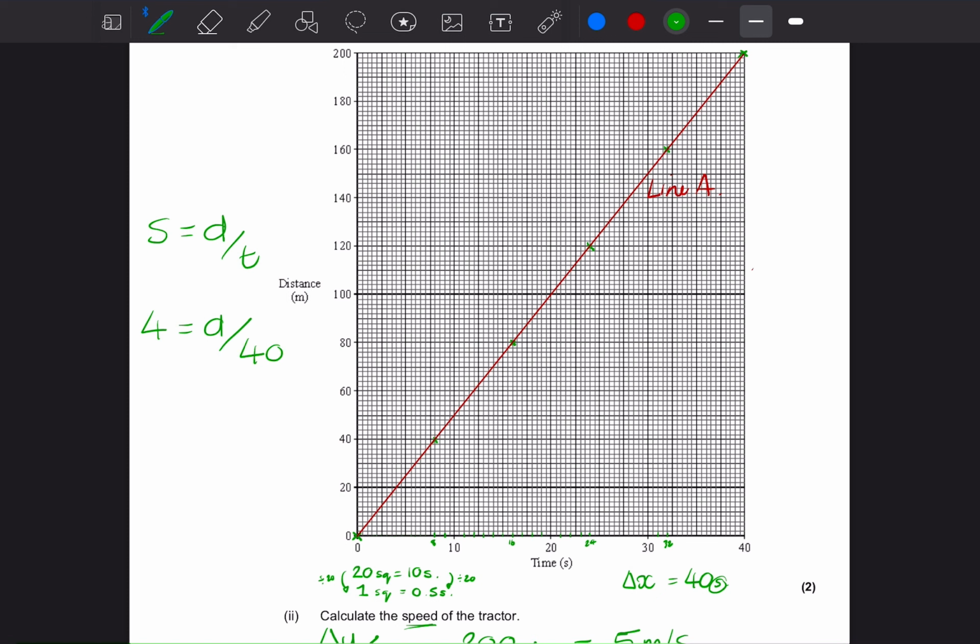So let's rearrange this. We're going to multiply this side by 40 and that side by 40 to cancel that 40, which will leave us with 4 times 40 is equal to the distance travelled if the speed is 4 meters per second.